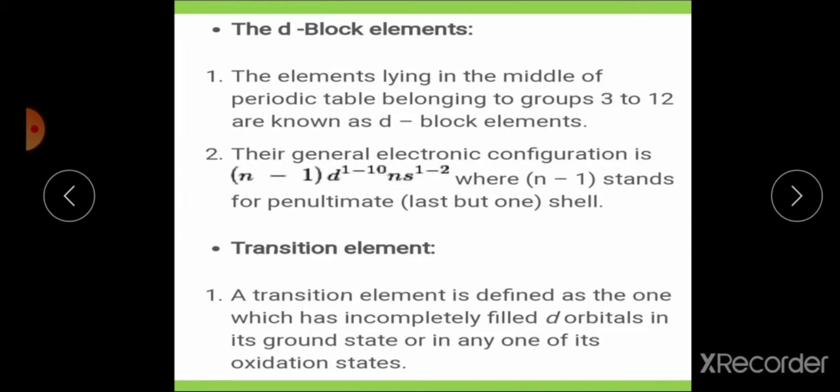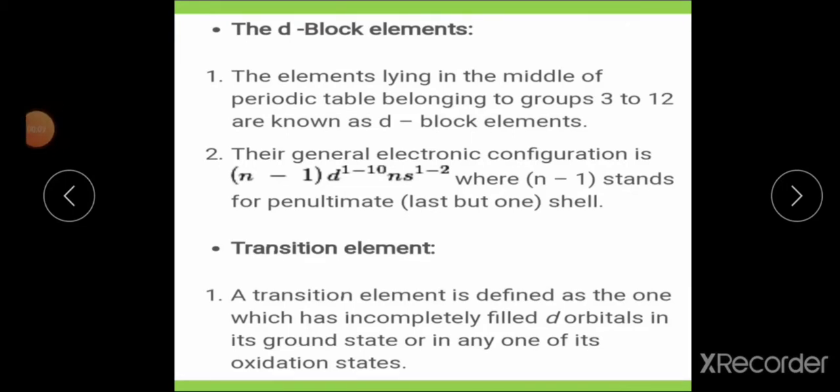In this way, the last electron enters into the (n-1)d subshell in transition elements, which have incompletely filled d orbitals.